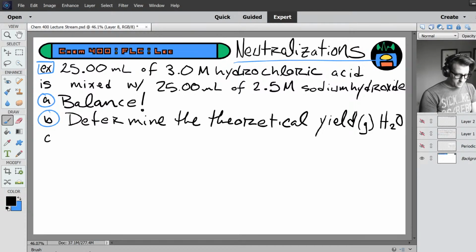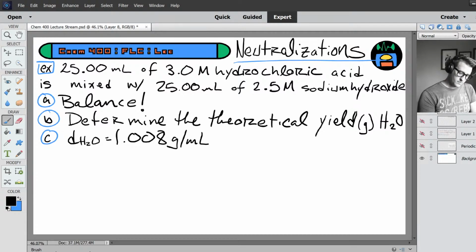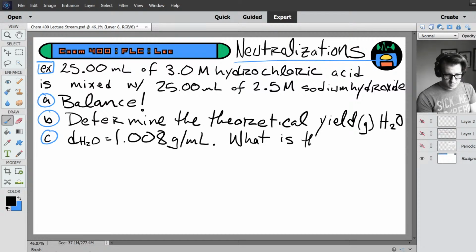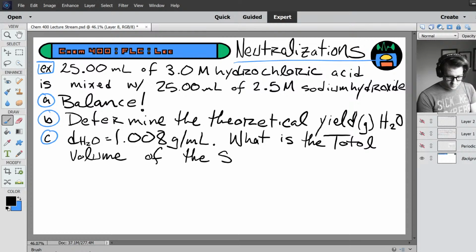All right, A, B, and then part C. The density of water is 1.008 grams per milliliter. What is the total volume of the solution once the reaction is complete?